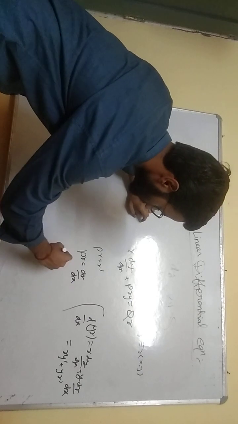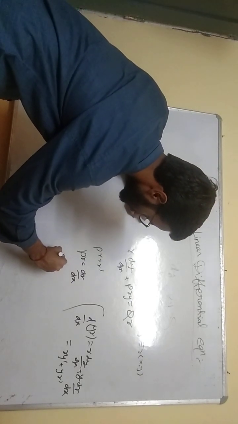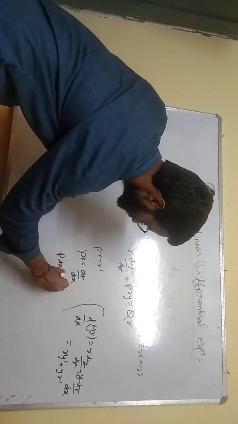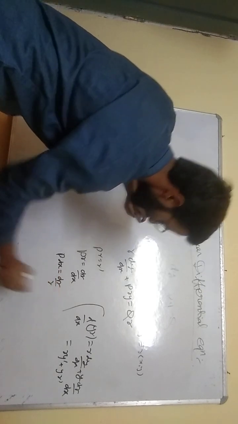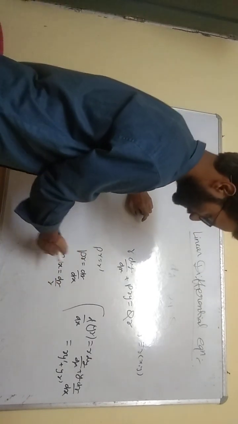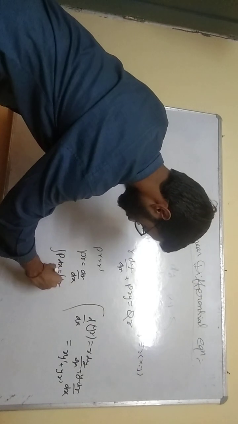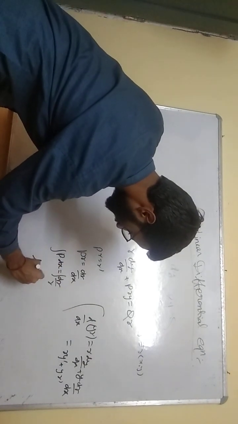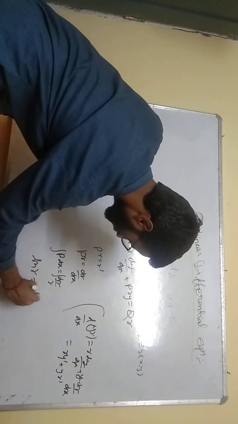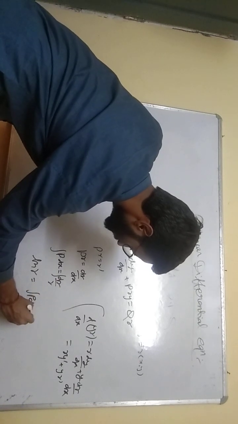Now I can say that p dx is equal to dr by r. I am using variable separation here, and integrating both sides. So this will become ln r is equal to integral of p dx.